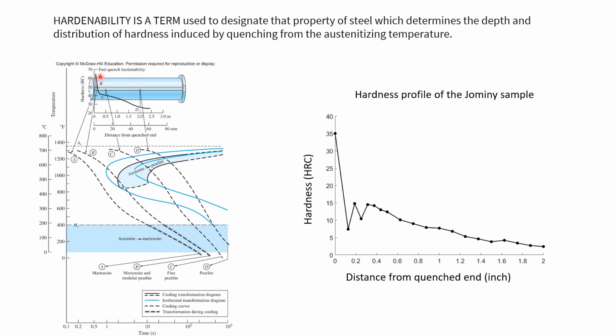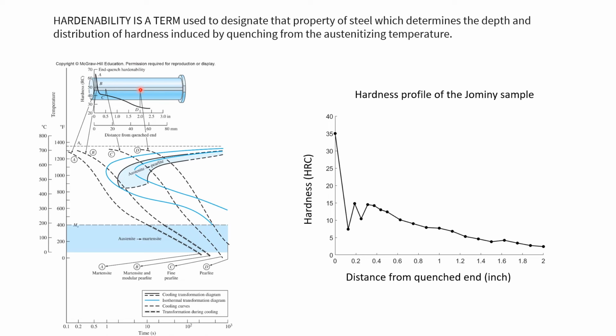For example, the end of the Jominy sample, very close to the quenched end, is associated with the cooling rate curve that is the dashed line with the letter A, which will result in phases mostly martensite.